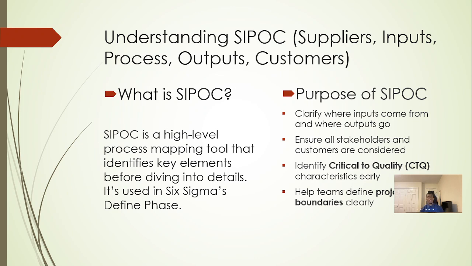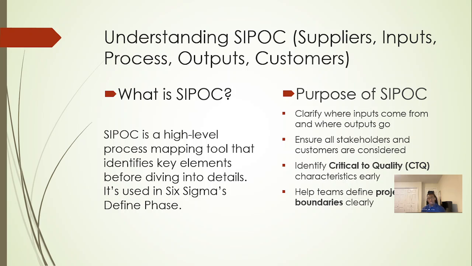SIPOC is a powerful tool that defines processes clearly. Whether you're in business, manufacturing, or even ordering some food or items, SIPOC helps you map out who does what, how, and why.